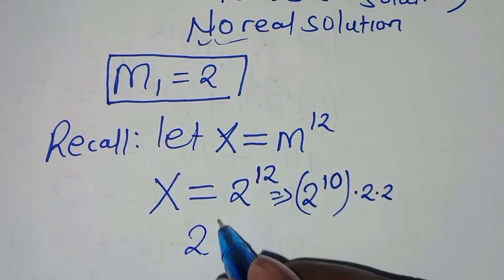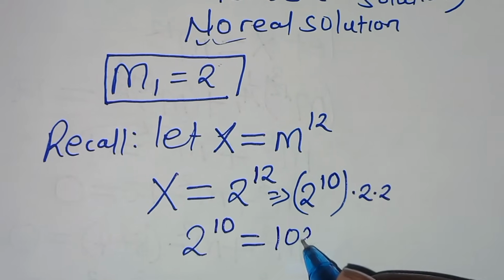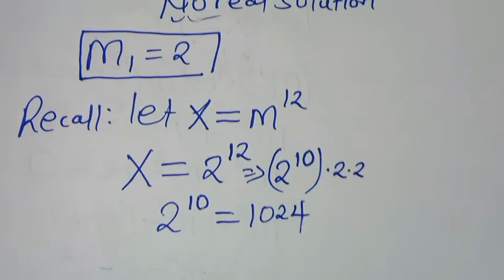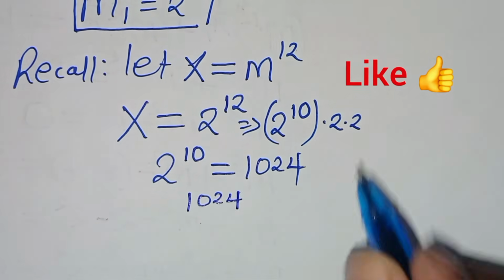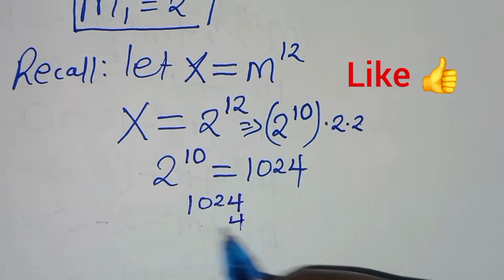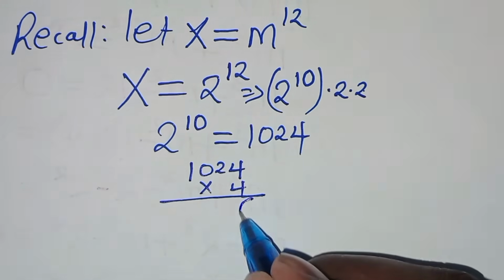So 2 to the power of 10 is the same thing as 1024. So from here, we have 1024 times 2 times 2, this is 4. So in this case, we have 4 times 4, this is 16.